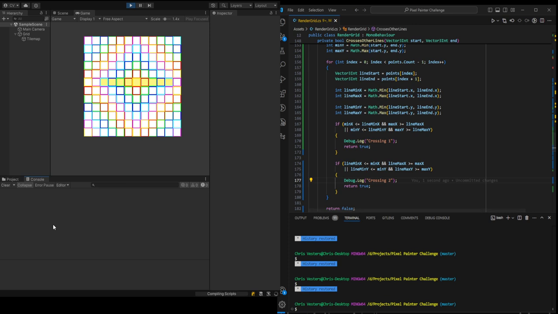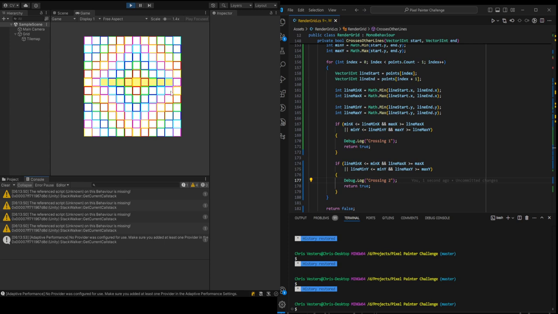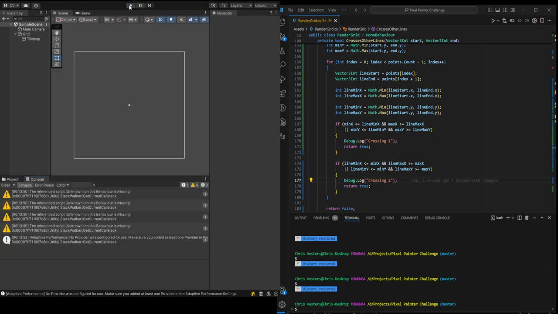Put it back on collapse mode, otherwise it's going to be very annoying. I wonder whether it will actually remember state. Let's just start again.